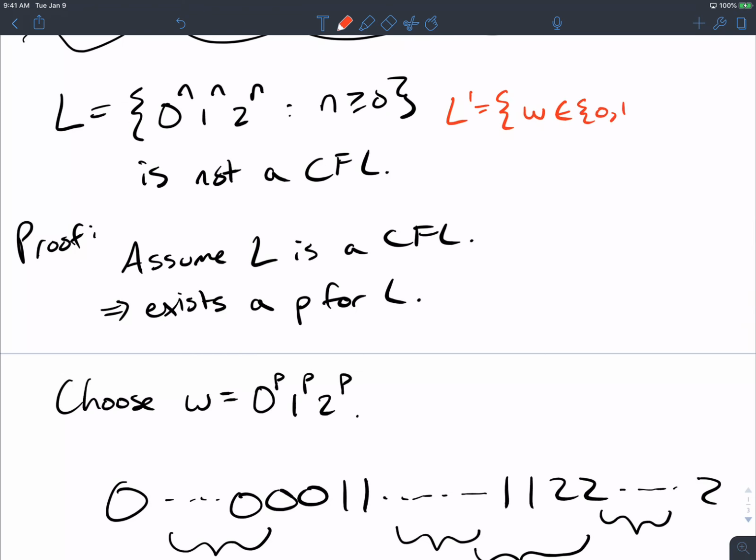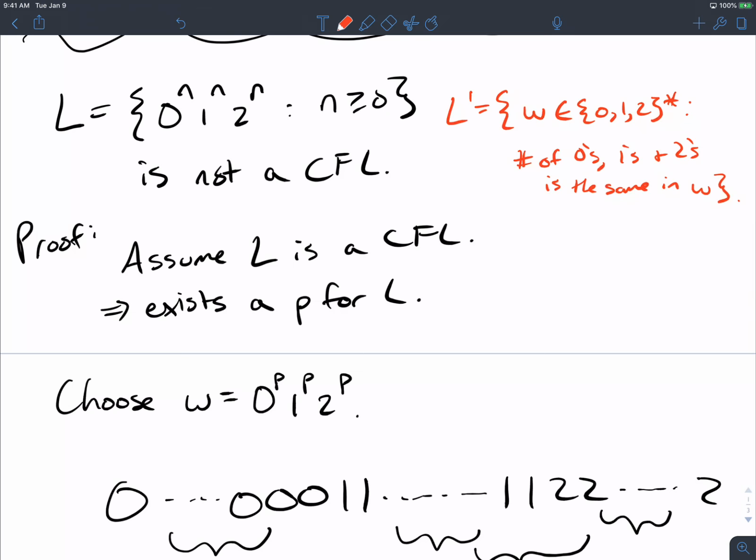It's all strings that have 0s, 1s, and 2s in them, but the number of 0s, 1s, and 2s is the same in W. Okay? So it's not this. Why is it not the same language? Yeah, the order doesn't matter. So the first one, it has to be zeros first, but here it could be any order.